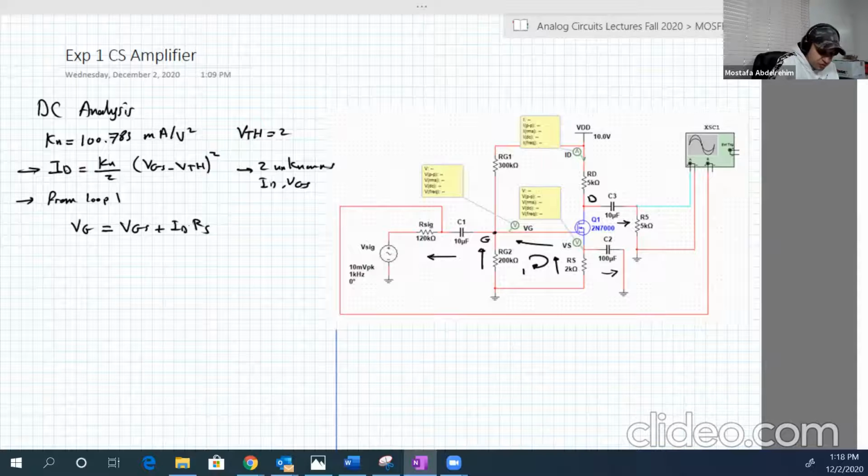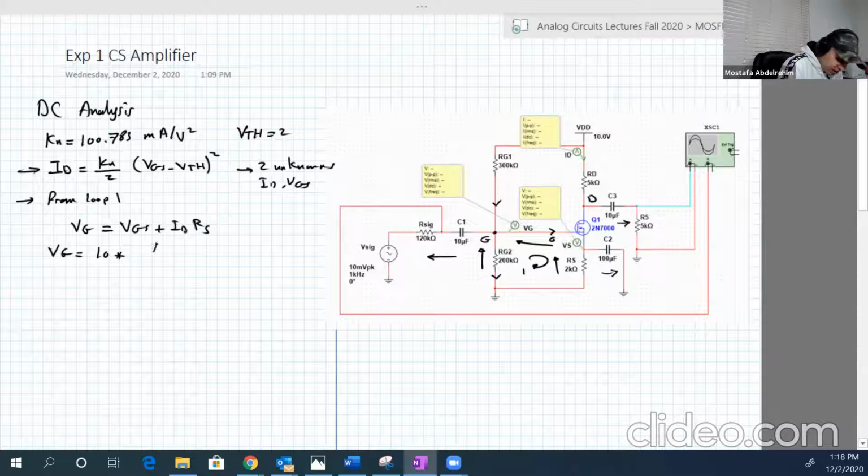But how about VG? The current going into the gate is 0, so RG1 is in series with RG2. So VG is actually 10, which is VDD, multiplied by RG2 over RG1 plus RG2.